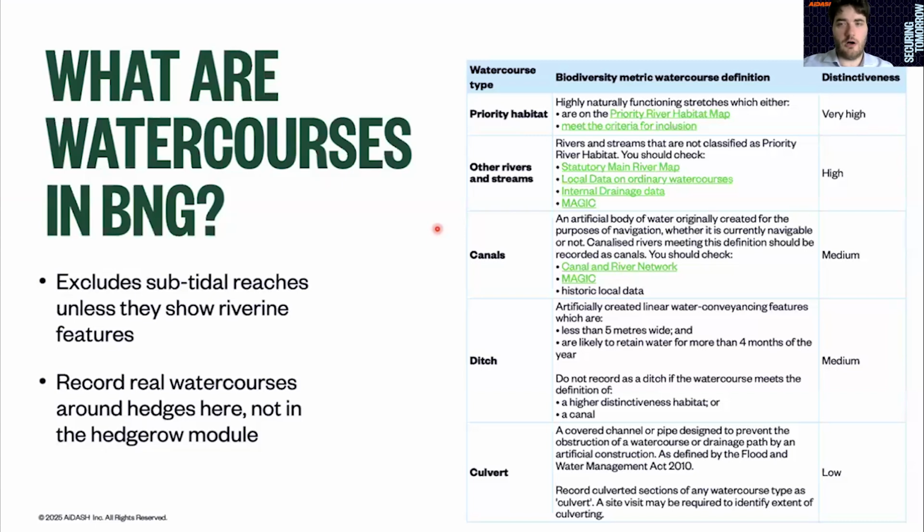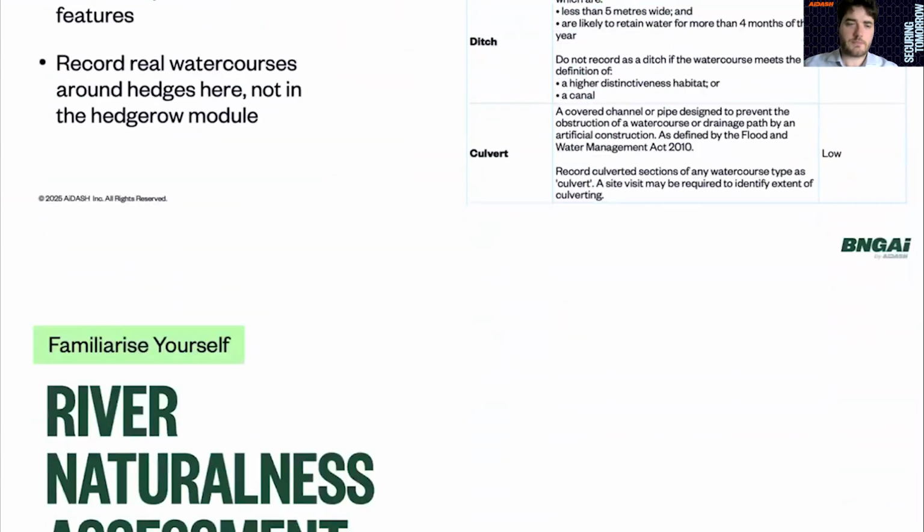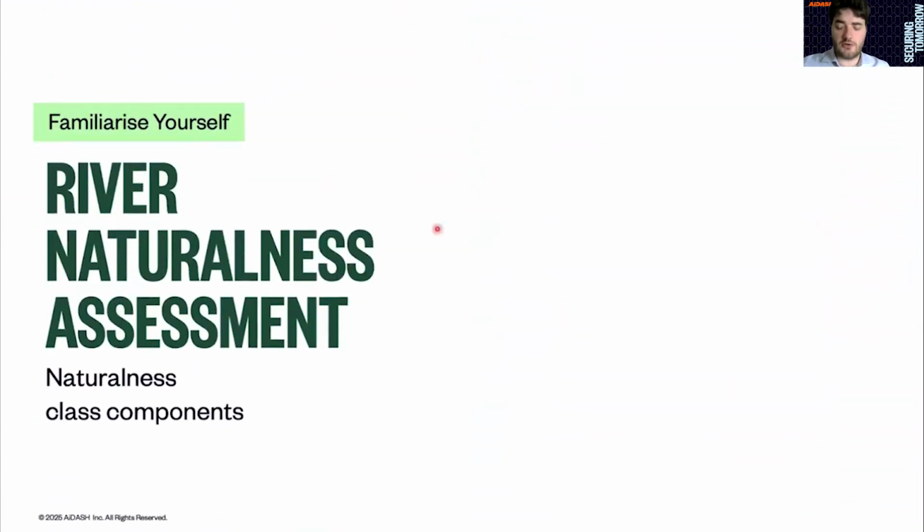Other parts of it are things like the river naturalness assessment. When we want to decide whether a river is priority habitat or not, there's a great data layer which tracks a lot of the chalk streams in the country, but it's not a perfect data layer and it's not complete. The understanding is that you'll use data layers like that in assessing whether something is a priority river or stream, but also that you'll be conducting a river naturalness assessment.